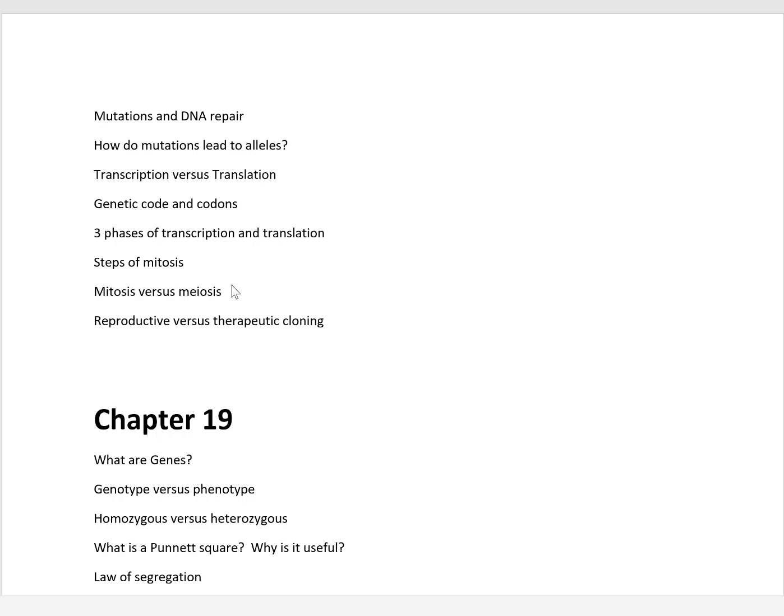I won't go through all the details, the videos cover it, but the 3 phases of transcription and translation are different and have different players involved, but both are three-step processes. That's initiation, something starts it. With transcription, it's called the promoter sequence of DNA. With translation, it's called the start codon, or AUG.